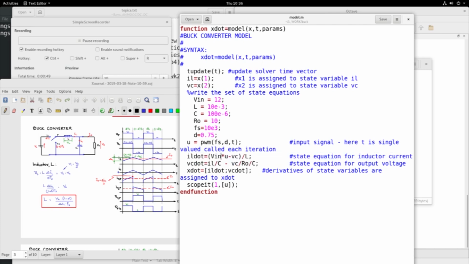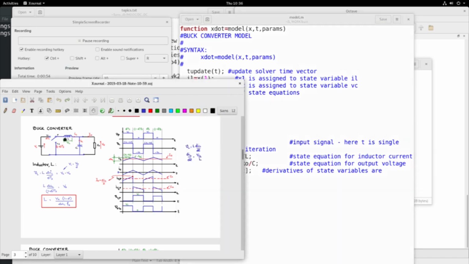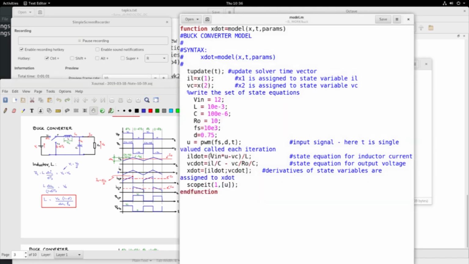See, IL dot, if you look at the inductor here, the voltage across the inductor is what is represented in this equation, which is V in into U, this node voltage at P. U is basically either 1 or 0 depending upon whether it is connected to T1 or T2. During DTS period, U is 1. During 1 minus DTS period, U is 0.